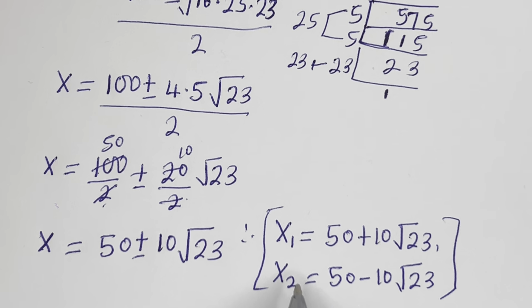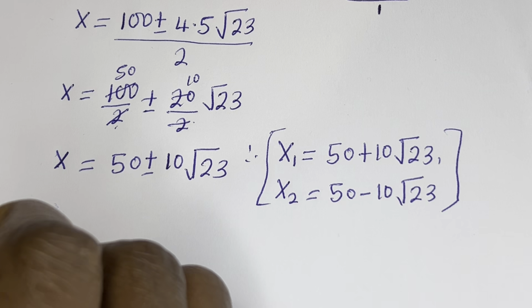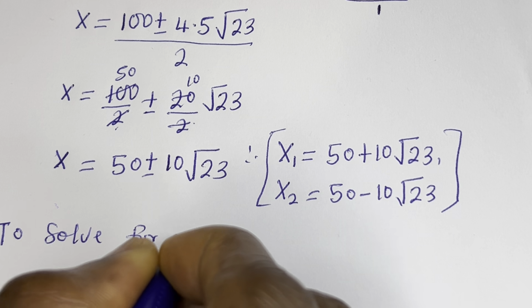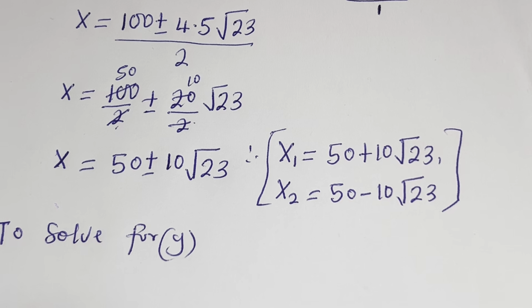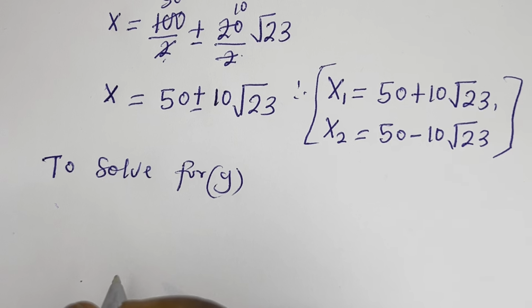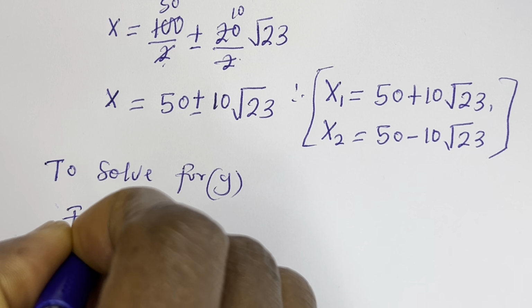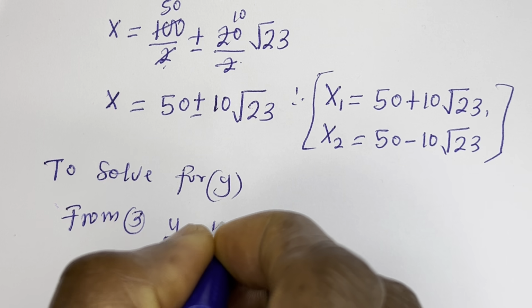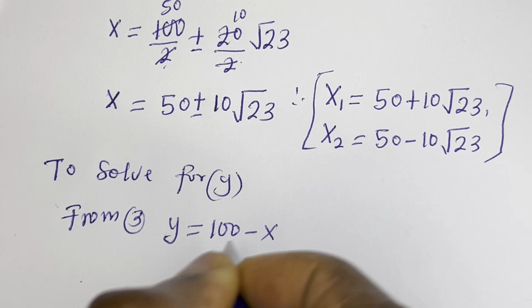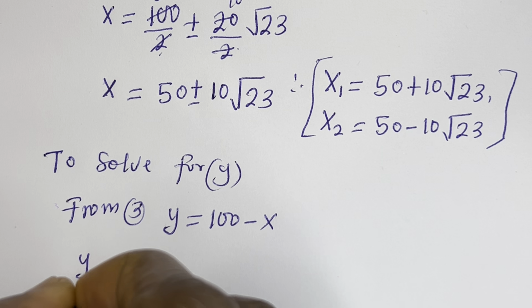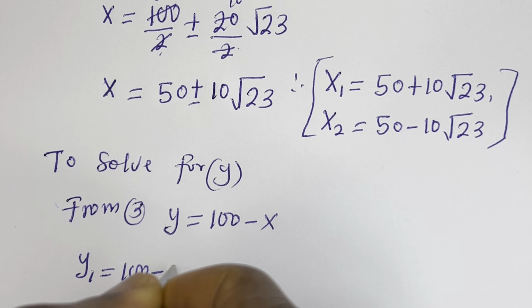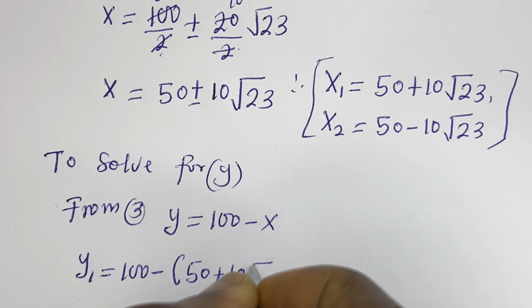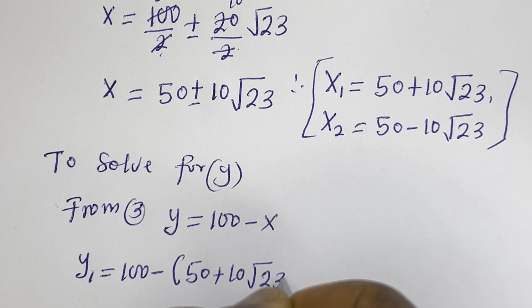Let's solve for y. To solve for y, then from equation 3, y is equal to 100 minus x. Now, y1 is equal to 100 minus x1, which is 50 plus 10 root 23.